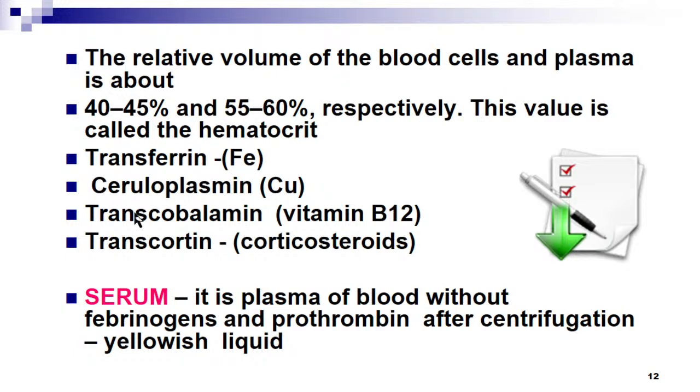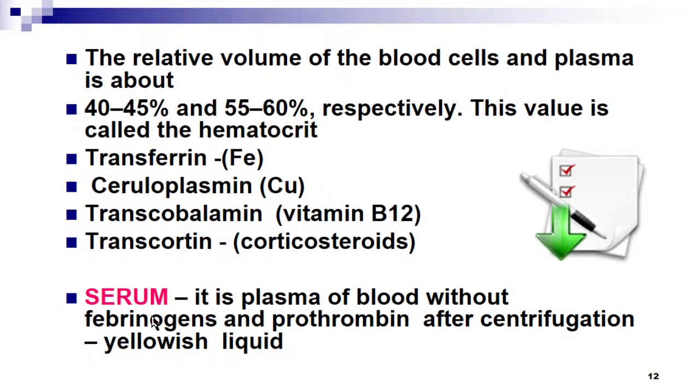Transcobalamin plays a very important role in anemia, when some disorders happen with vitamin B12 and sometimes disorders in the digestive tract, where this vitamin B12 is absorbed and regulated through some cells. And transcortin is an example of proteins which carry the corticosteroids inside the blood.